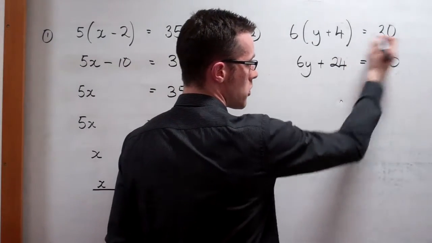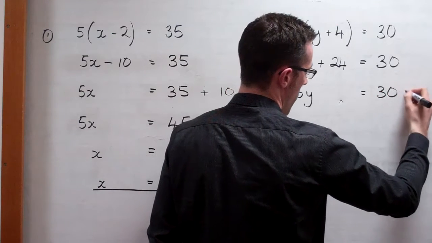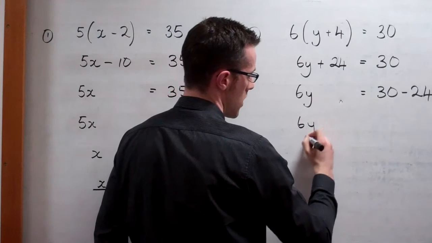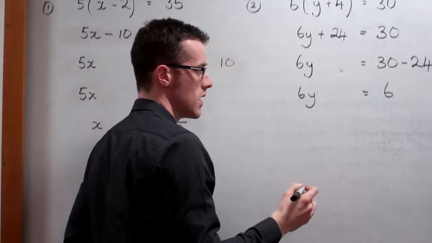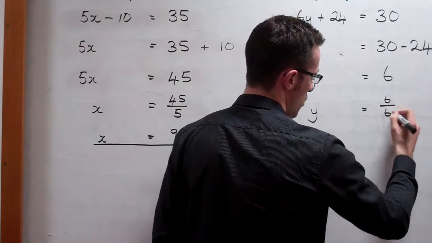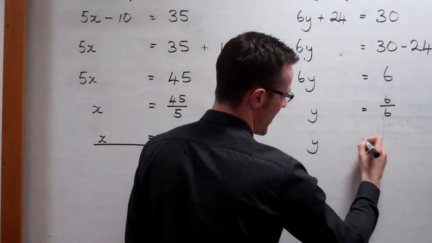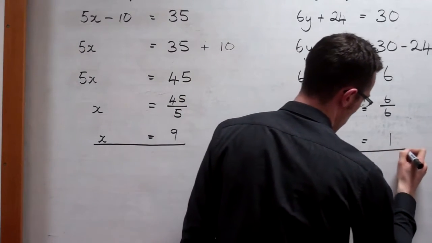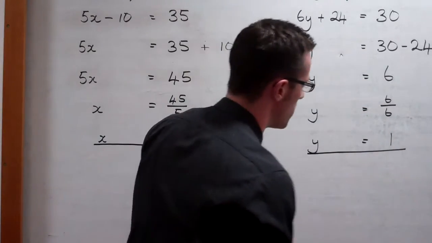Alright, so the plus 24 is going to move over that side and become negative 24, minus 24. 6y, we've got 30 take away 24, gives us 6, and 6 divided by 6, remember I said always do this stage. 6 divided by 6 isn't 0, it's 1. Okay, so make sure that you get that right. Often people make a mistake and they put 0 for that one, okay?